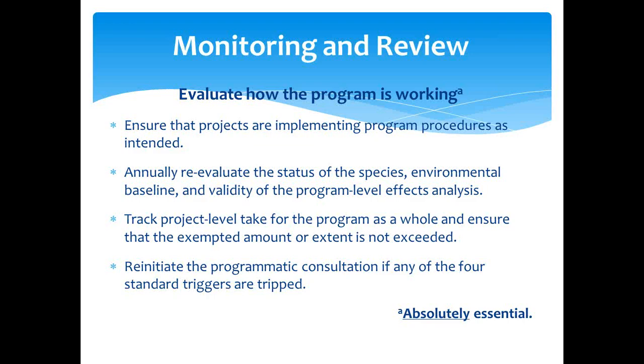You need to track project level take for the program as a whole, and then ensure that the exempted amount or extent is not exceeded. And then you need to reinitiate as necessary if any of the 4 triggers are tripped.